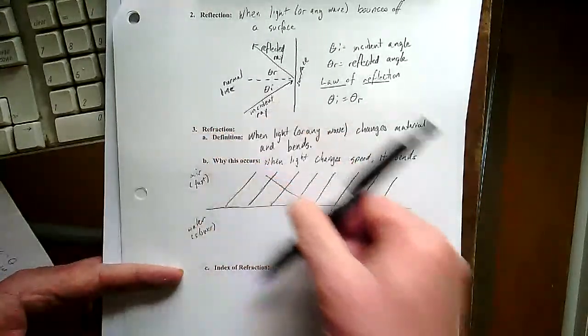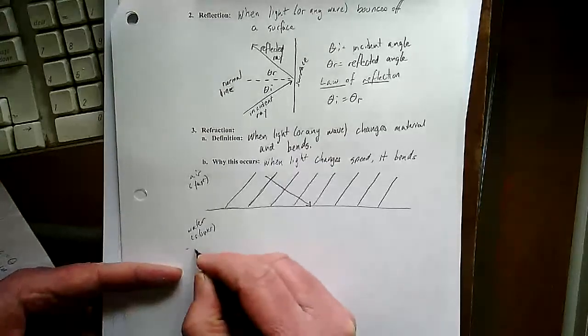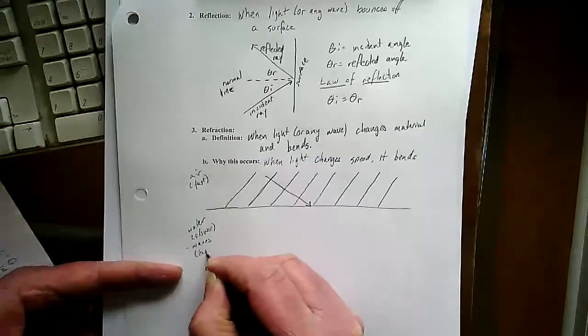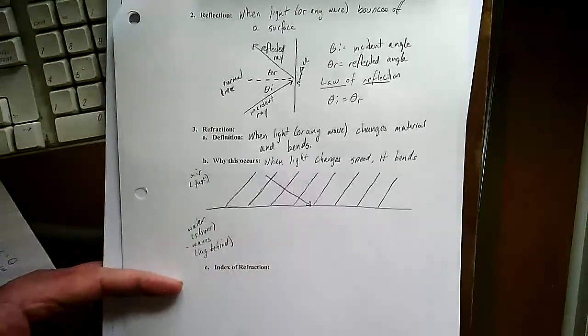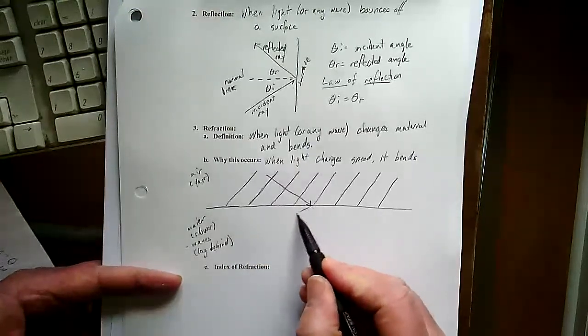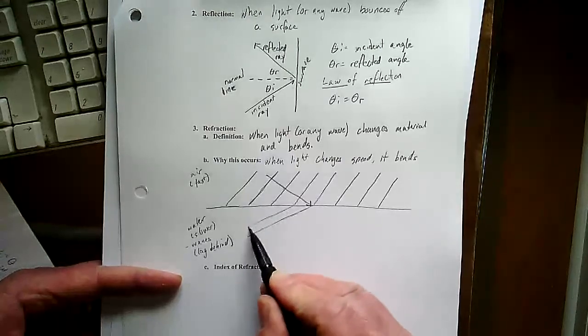So my light ray is coming down here like this. Now, because the light is slower, the waves are going to lag behind when they get in the water. So instead of this line being extended straight this way, it's going to end up getting behind a little bit, like that. And again, try to draw these nice and parallel to each other.